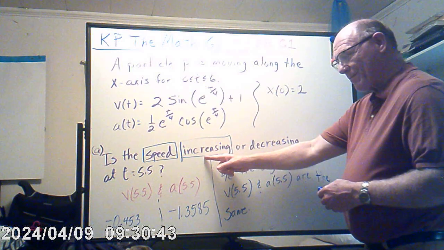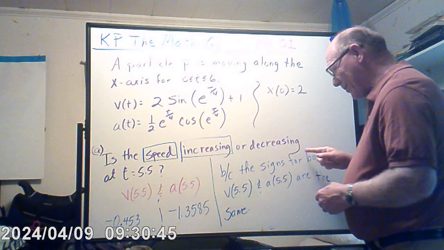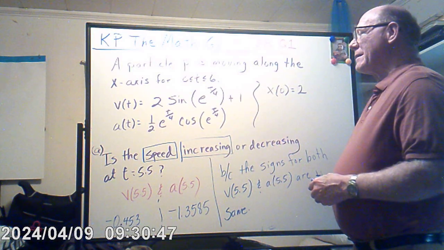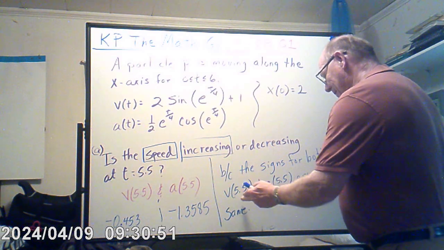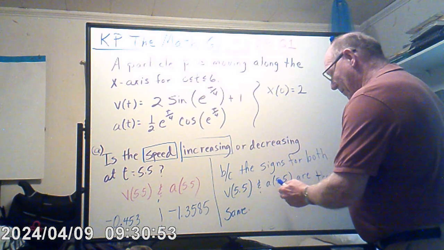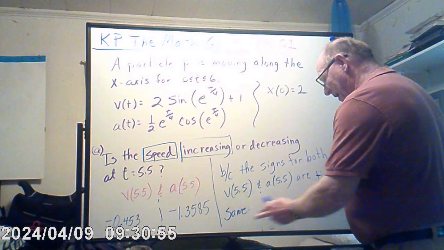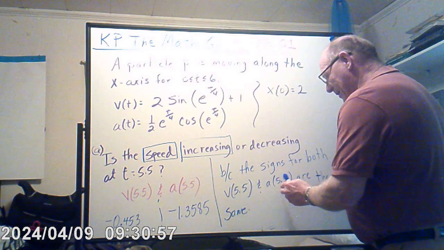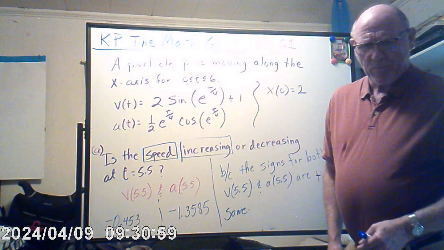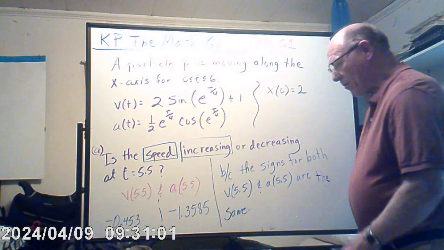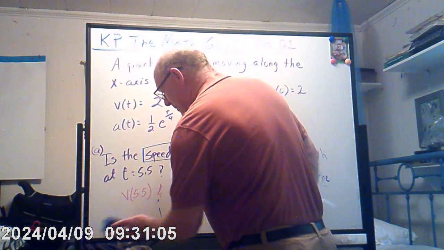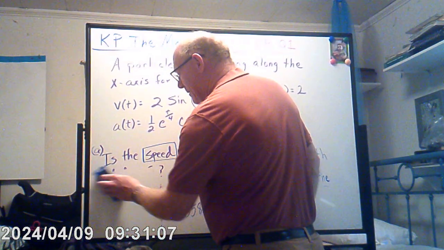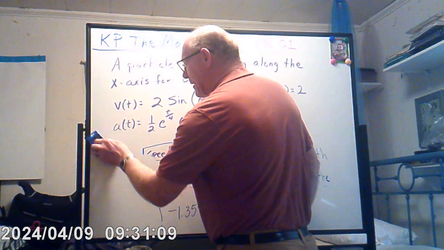You might want to say the particle is increasing at t equals 5.5, because the signs for both velocity and acceleration are the same. Just keep stuff like that in mind.